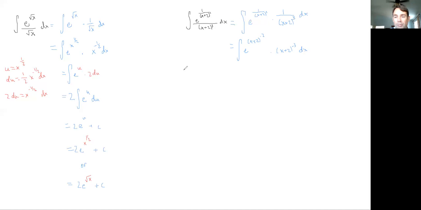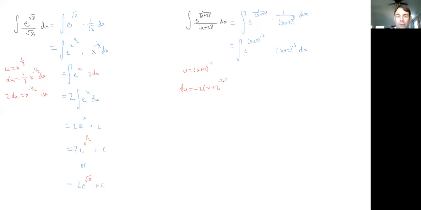Now I can do my u sub. So u would be x plus 2 to the negative 2. So du would have been negative 2 times x plus 2 to the negative 3.